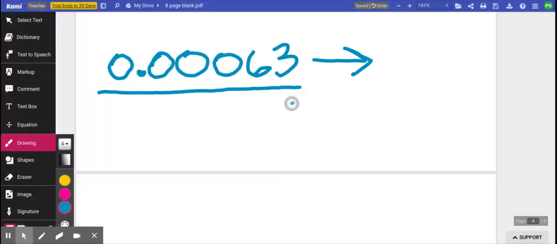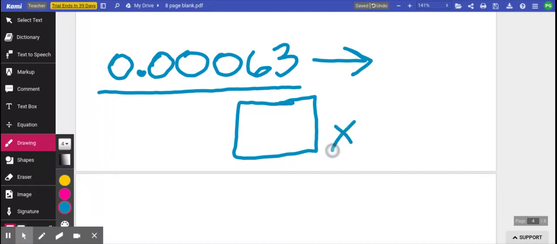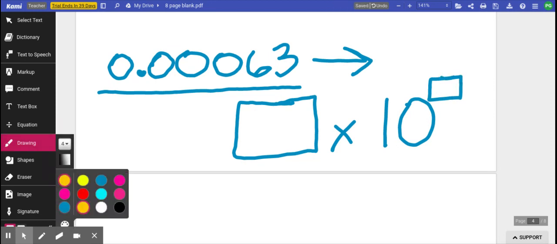I know that I'm going to follow my pattern, my first number times 10 raised to an exponent. So this first number is going to be less than 10, greater than or equal to 1. I'm going to focus on these significant numbers here, 6, 3. So to turn 63 into a number less than 10, I'm going to call it 6.3.